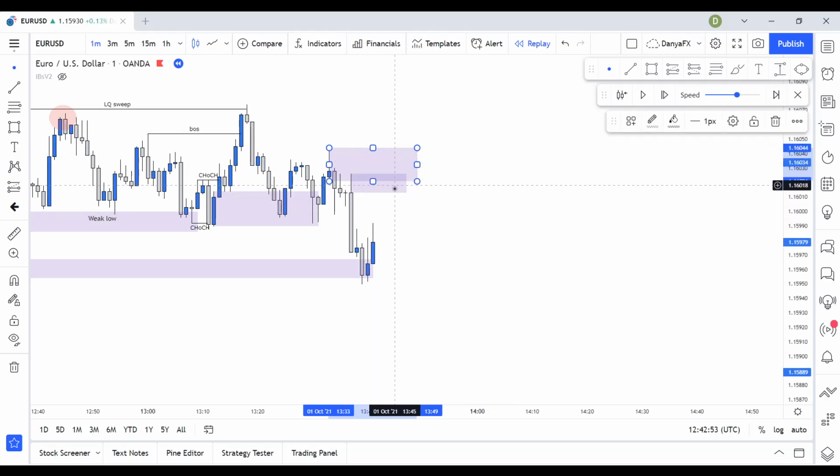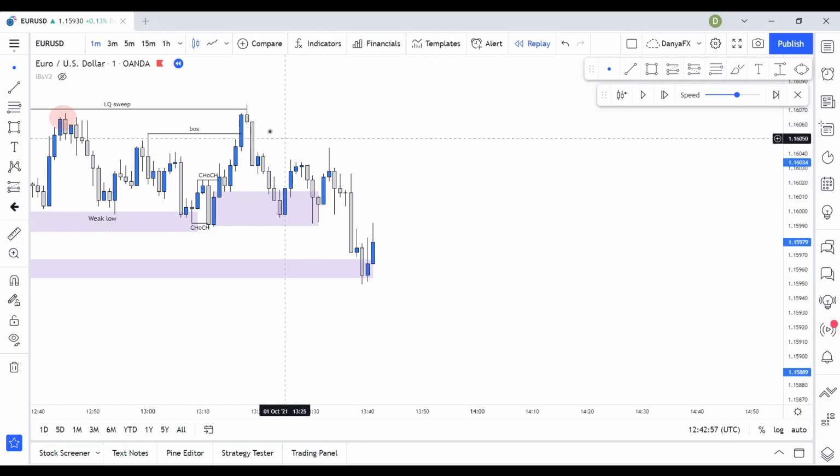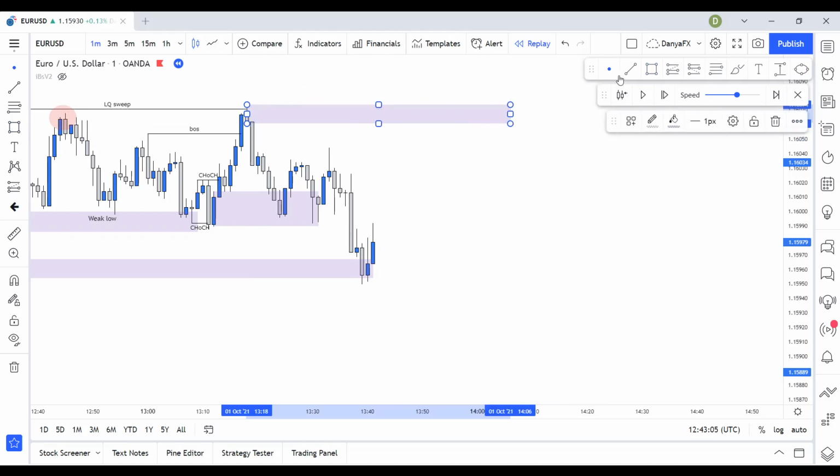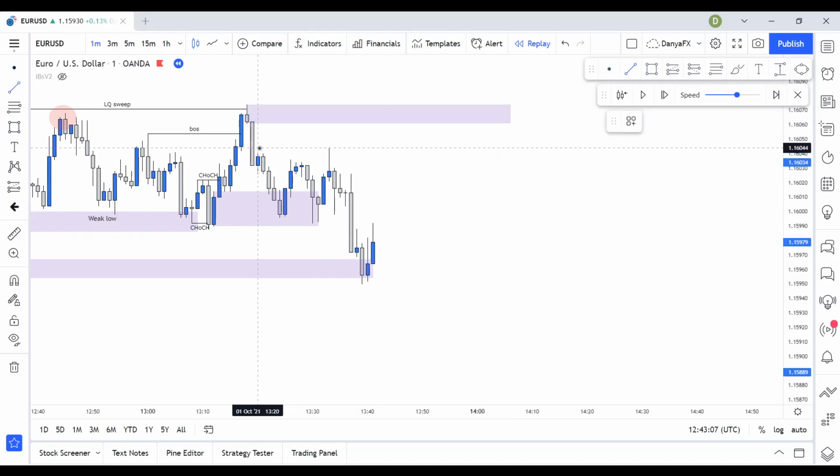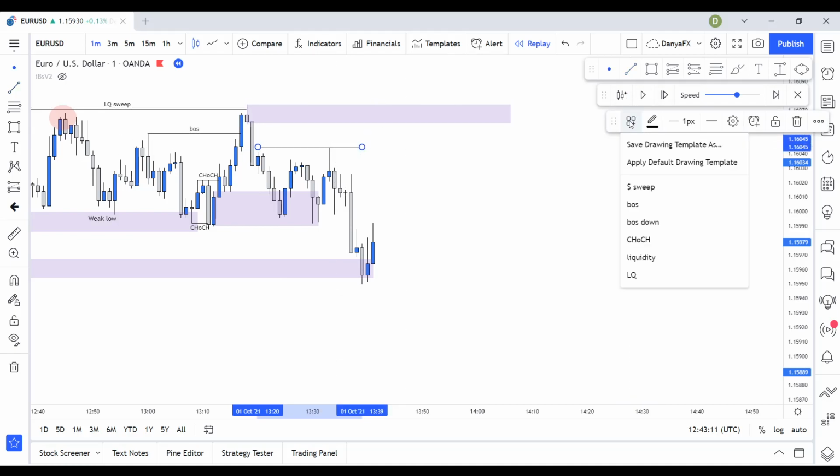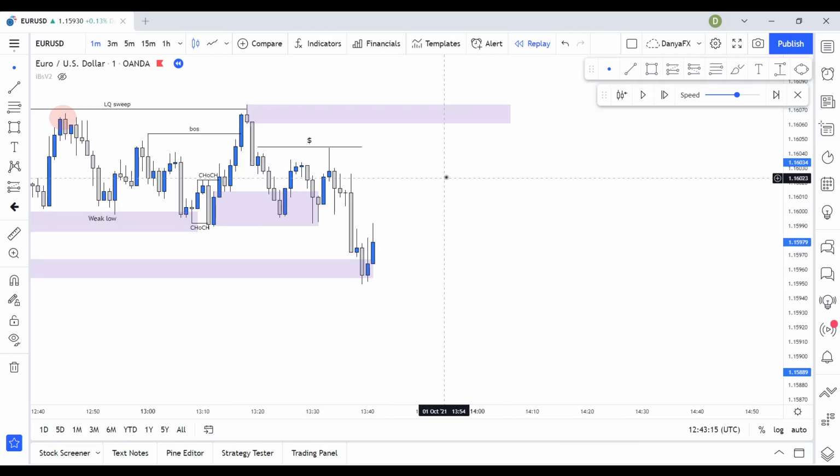If we do so, we are probably going to get swept, because our extreme supply is here. And if we look below it, there is a great double top, which is liquidity that we want to get swept.